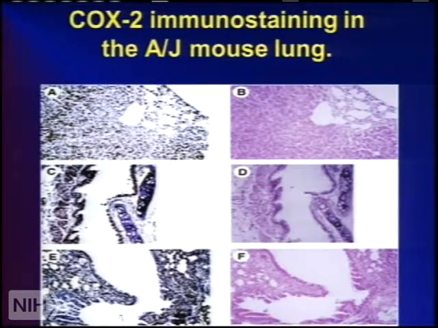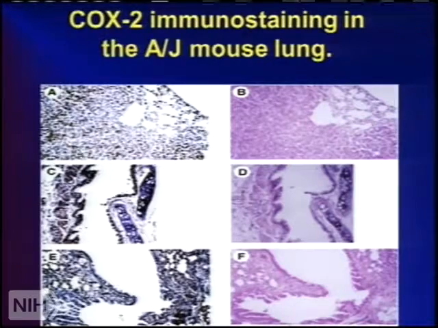We look for the COX immunoreactivity. We find it in the bronchus of the lung, which is sort of the windpipe. Then we find it in adenoma cells, as well as bronchiola. Here's the lung, and you see lots of villi on the surface of the lung, and these villi are where the lung exchanges gases.